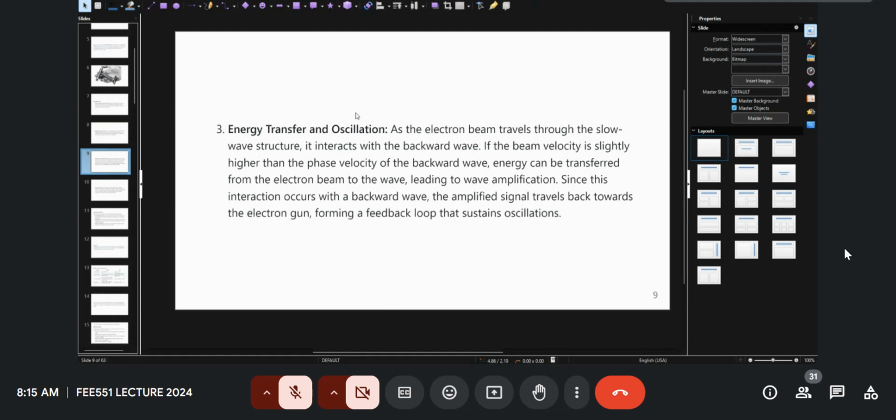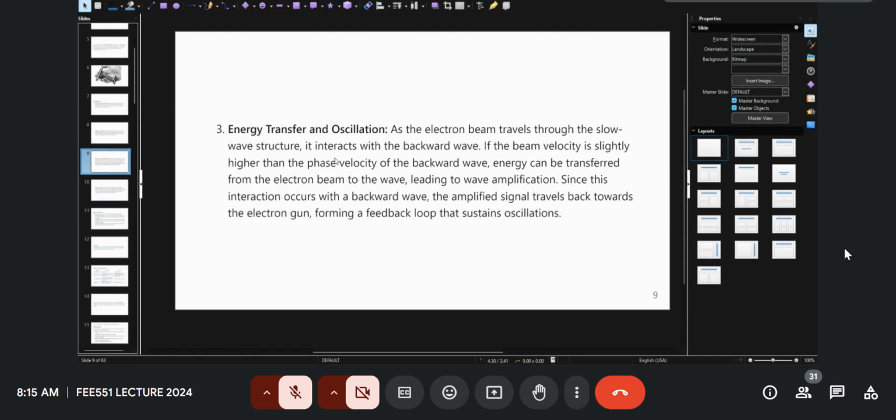Energy transfer and oscillation. As the electron beam travels through the slow wave structure, it interacts with the backward wave. Here you're talking about the interaction between the electron beam and your signal.